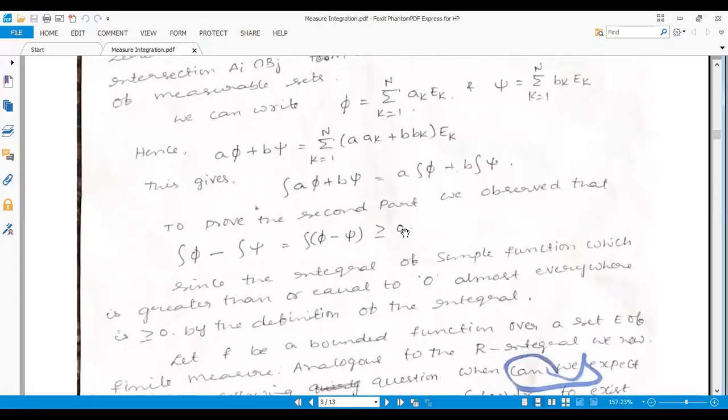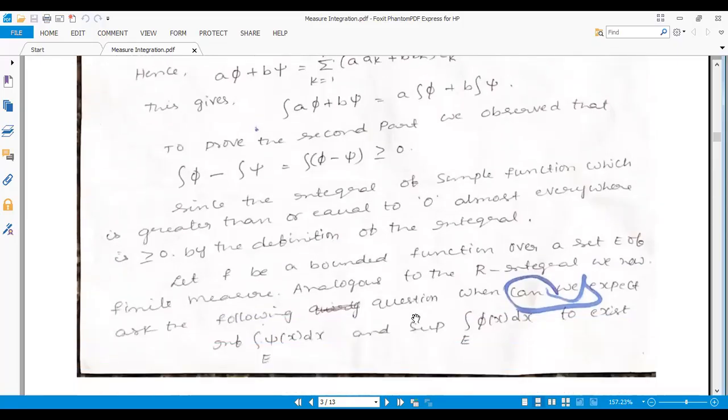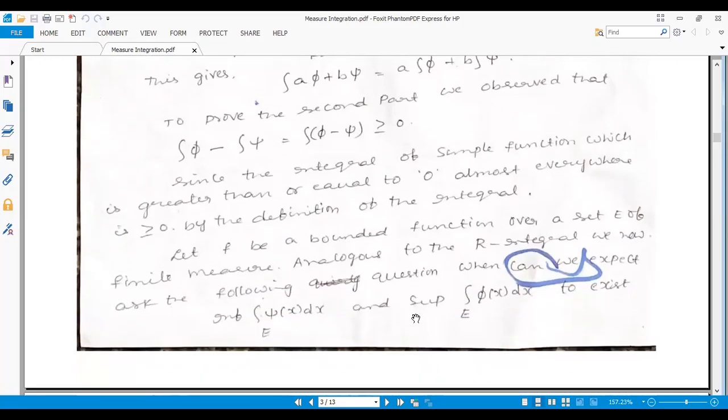Here, the integral of a simple function is greater than or equal to 0 almost everywhere by the definition of the integral.